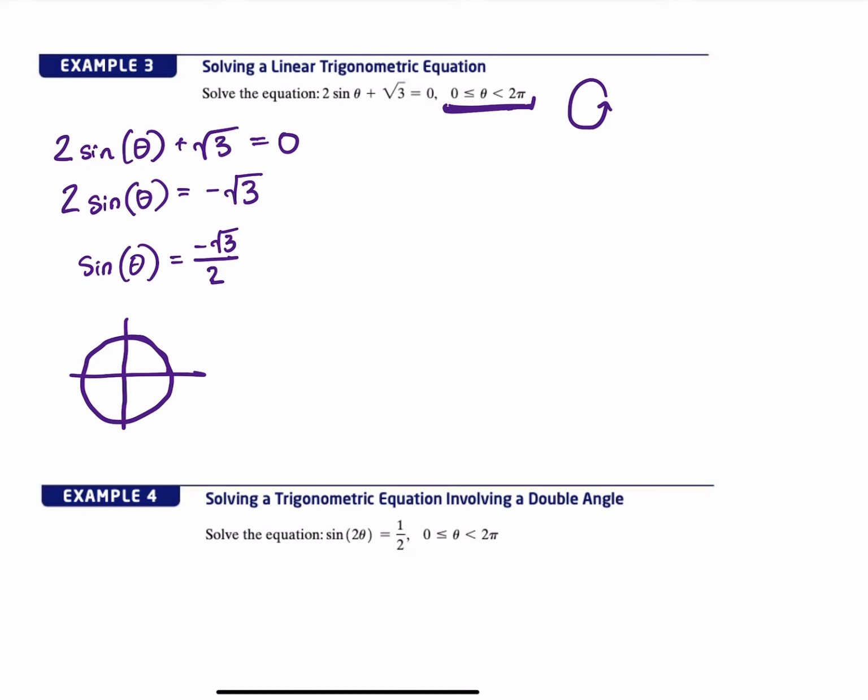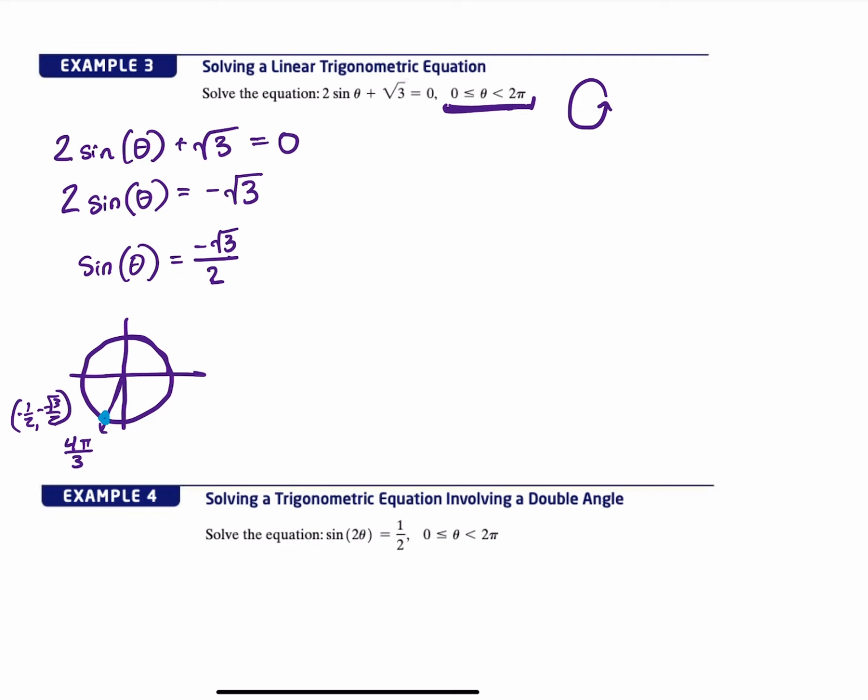And the sine is root 3 over 2 on these pi over 3 angles. So there's one down here in the third quadrant. That would be 4 pi over 3. This has the coordinate point negative 1/2, negative root 3 over 2.